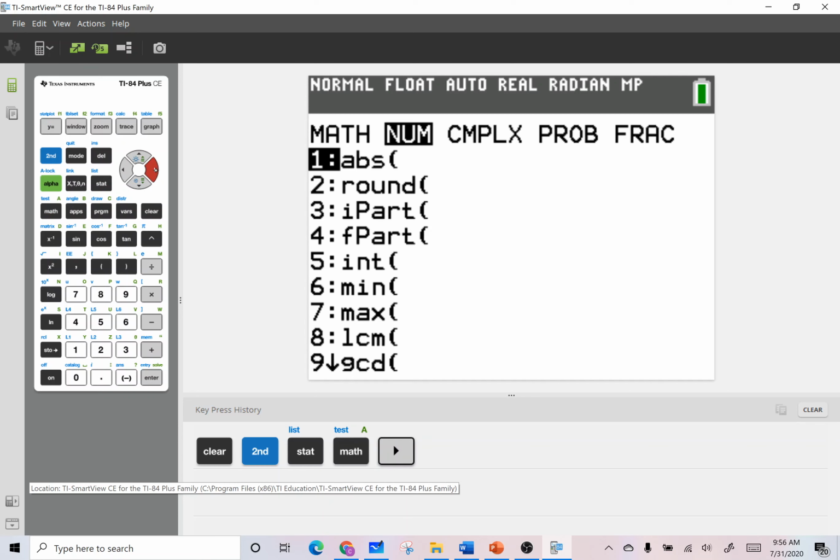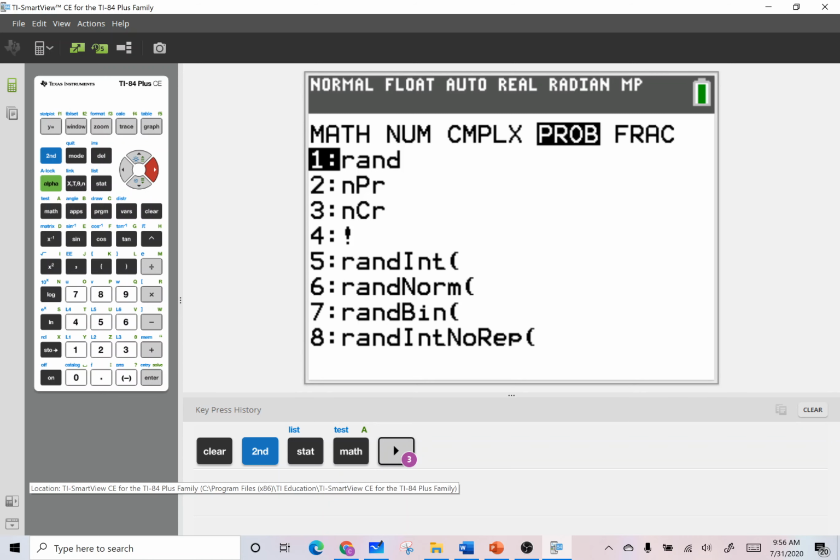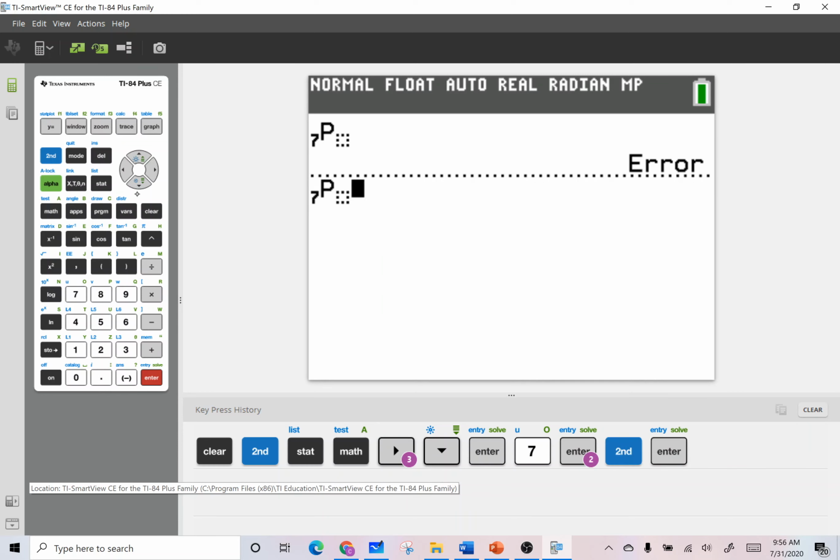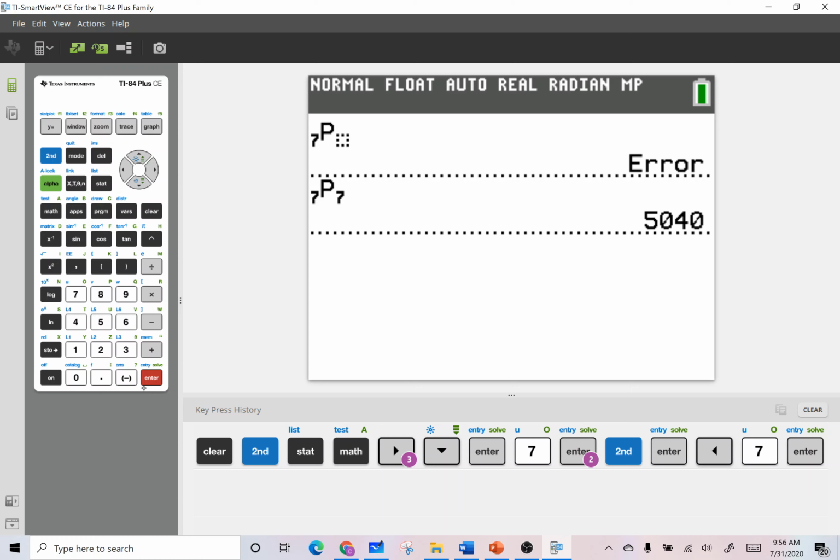You don't have to push second. Go to probability, nPr. n is the number of objects you can choose from, 7. If you make a mistake, you can just push second and enter, and it'll bring back what you had. 7 nPr 7. And you can see that there are 5040 ways.